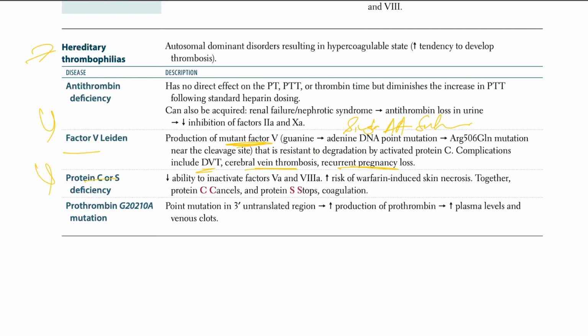Let's talk about protein C and S deficiency. There is decreased ability to inactivate factor V and factor VIII. Because we don't have protein C and S, we cannot inactivate factor V and VIII. This leads to an increased risk of warfarin-induced skin necrosis. Together, protein C cancels and protein S stops coagulation.